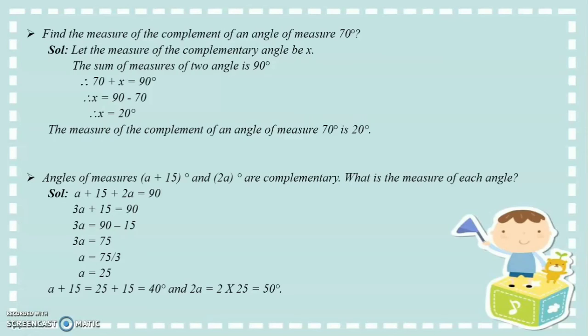So we have substituted the value of a in place of a plus 15. So we get 25 plus 15 is equal to 40 degrees, and 2a is equal to 2 into 25, which is 50 degrees. So we got the measure of one angle as 40 degrees and the other angle as 50 degrees.